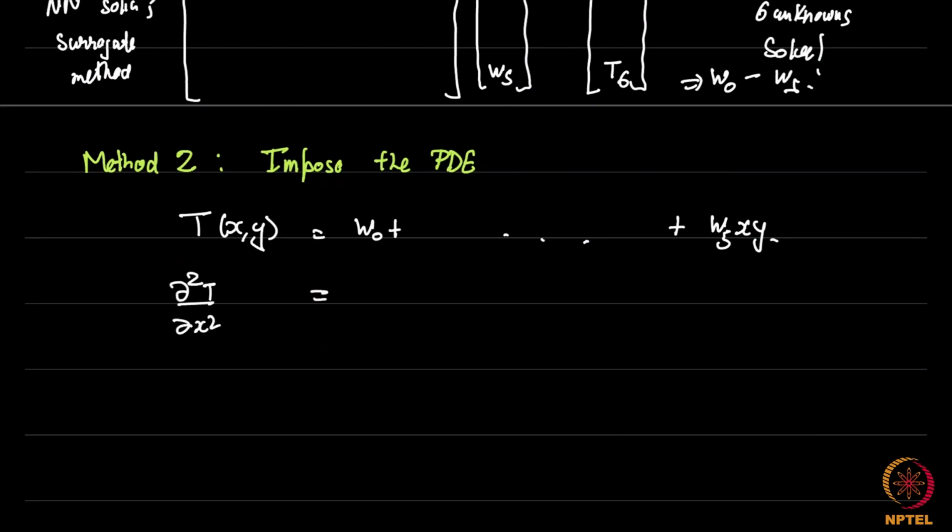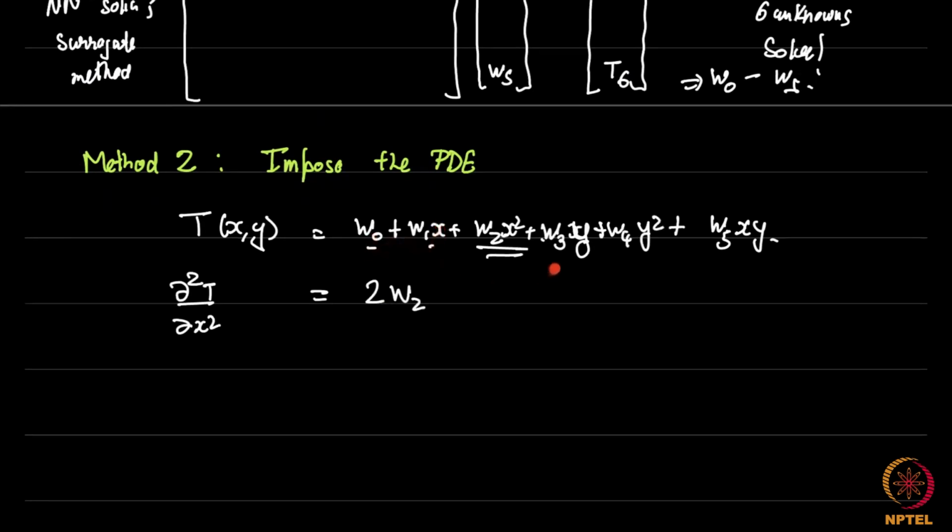Now, del square T del x square, let's write this out just for our reference. Del square T del x square will have 2 W2. This term, and all the other terms actually go to 0. Okay.